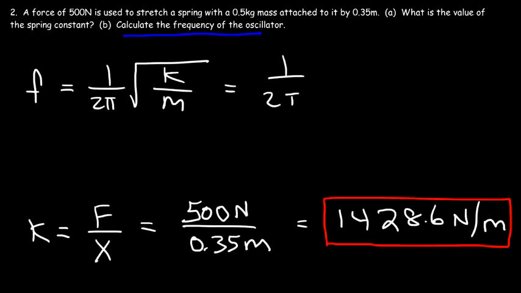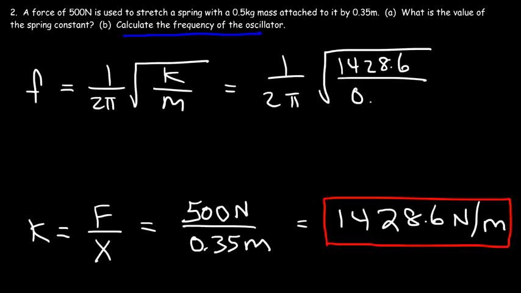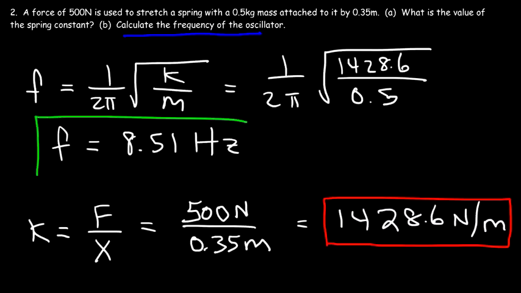So it's 1 over 2 pi times the square root of the spring constant, which is 1428.6, divided by the mass of 0.5. So the frequency is 8.51 hertz. And so that's the answer to part B of that problem.